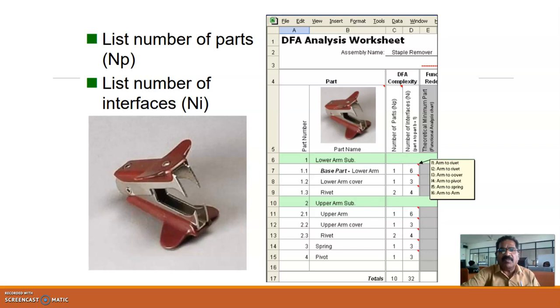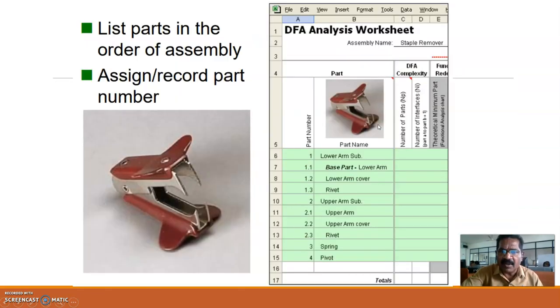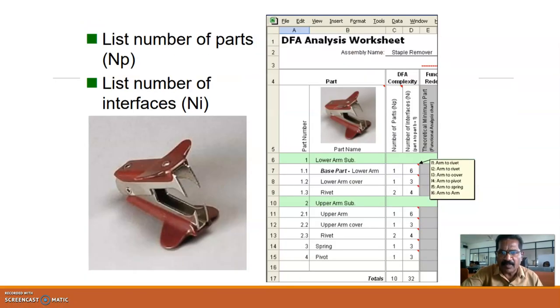Now, listing the number of parts, if you start looking at the right hand side, between the previous one and this one, look at this. For design for complexity, you have these various things, and then we start putting the number of parts. The number of base parts is 1, the number of rivets we are using is 2, and then the number of interfaces, the implication of this particular component with the other components.